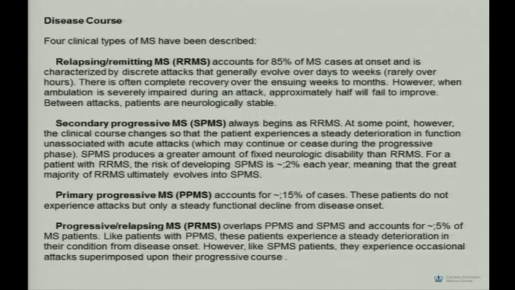Another group of patients, actually the second most common after relapsing, remitting, is something called primary progressive. That's a little less than 15% of the time. Now, with primary progressive, they never really experience one of these acute attacks, these very severe relapses, or even the initial onset.